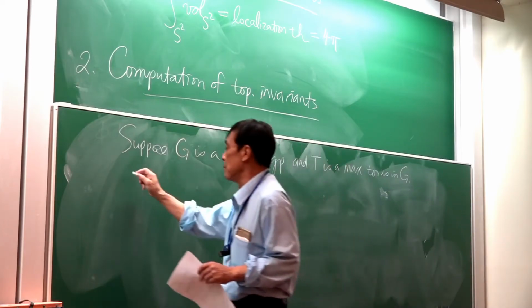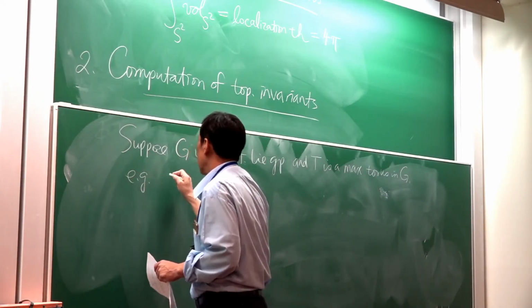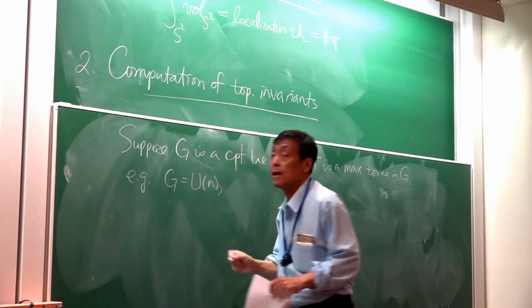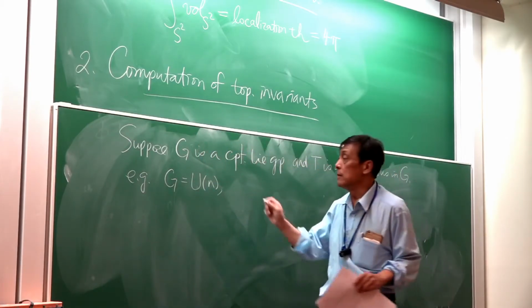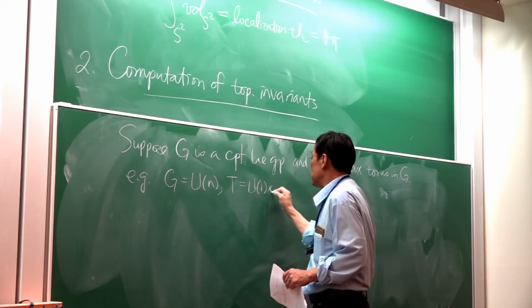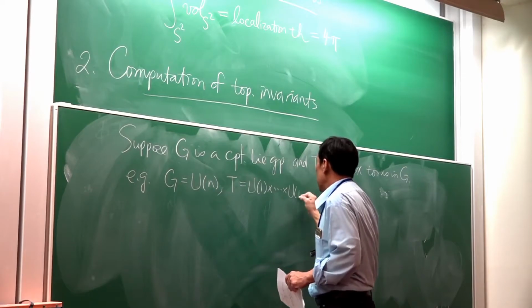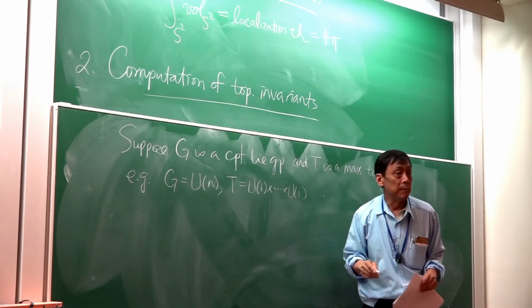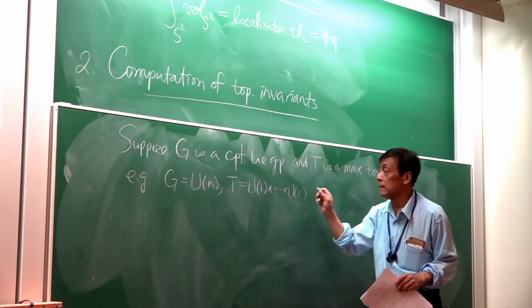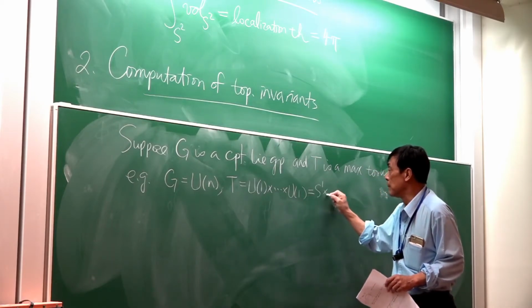So for example, say G is the unitary group, then the maximal torus is this subgroup. It's the diagonal unitary matrices. Okay? It's a torus because U1 is a circle.